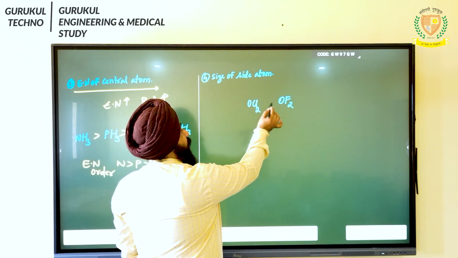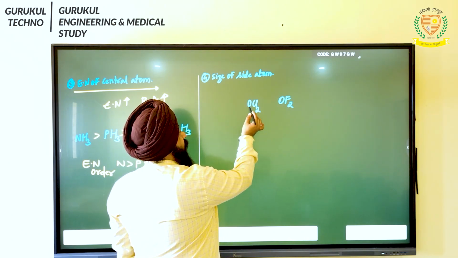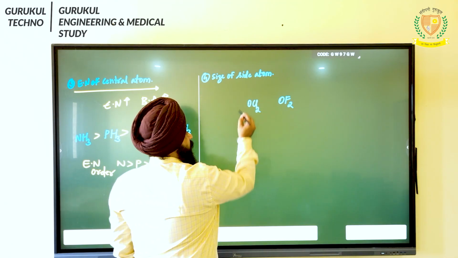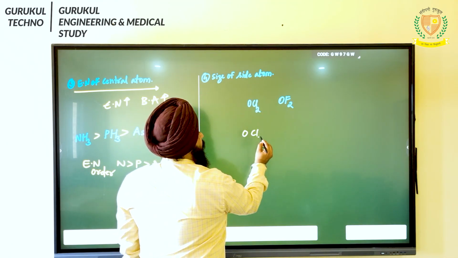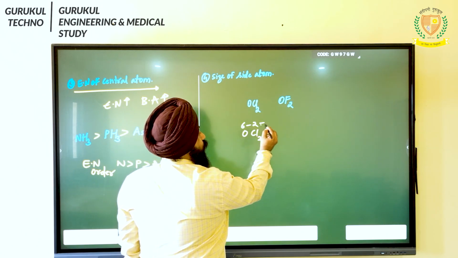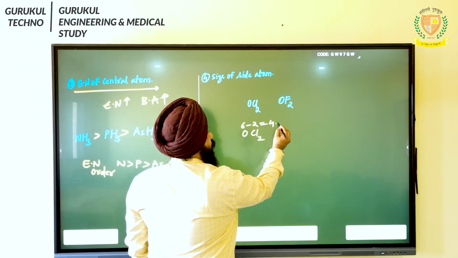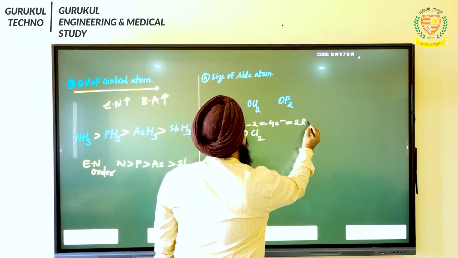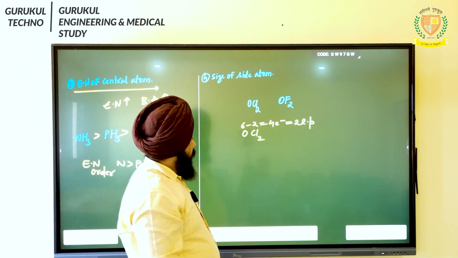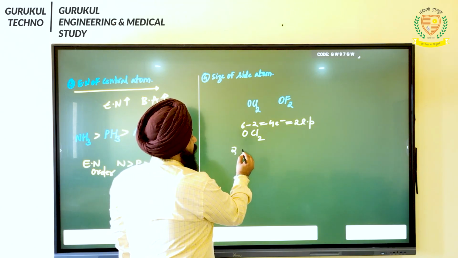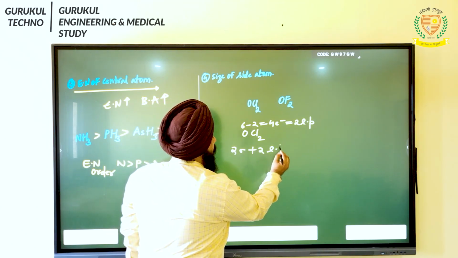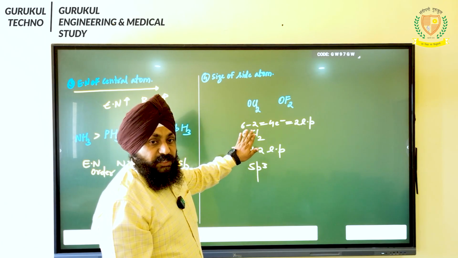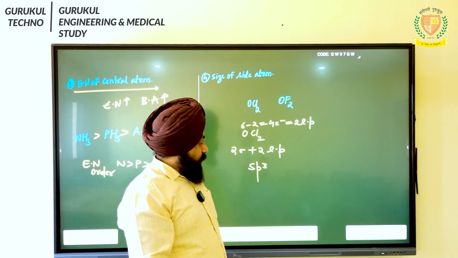See students, if you look carefully over here, if I simply count the hybridization, oxygen is in the oxygen family, so it has 6 electrons. 6 minus 2 is 4 electrons, which means 2 lone pairs. There are 2 sigma bonds and 2 lone pairs, which means the hybridization is sp3.